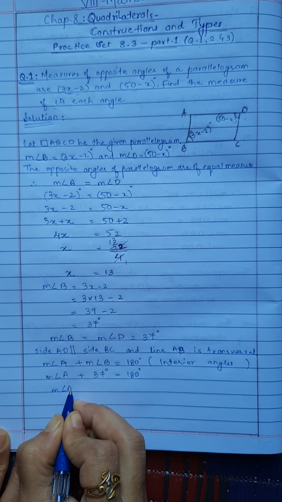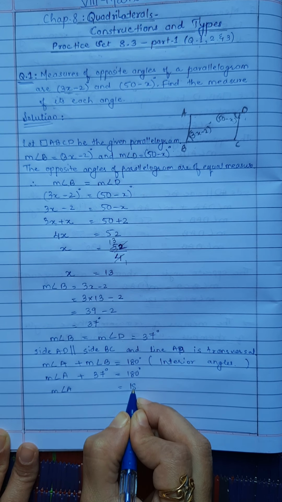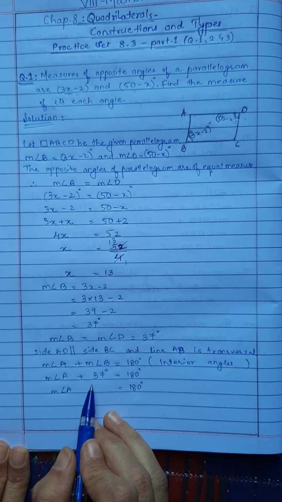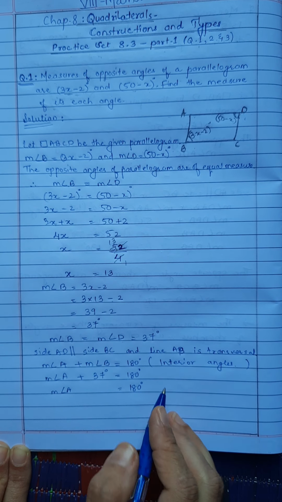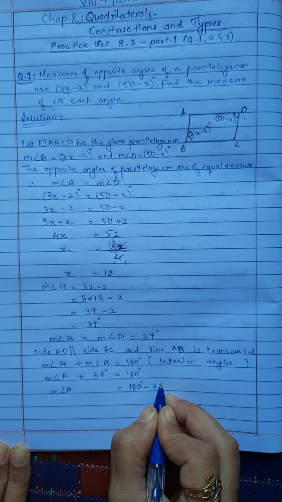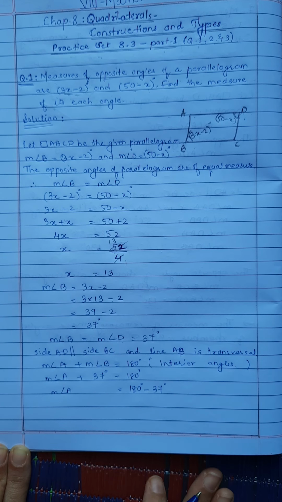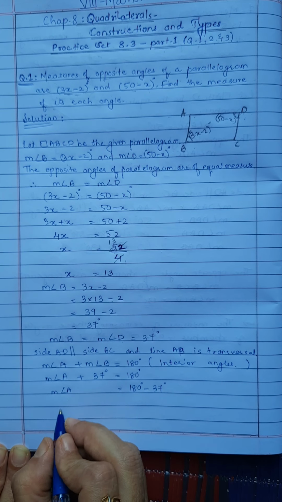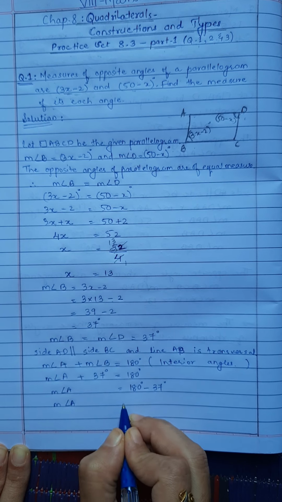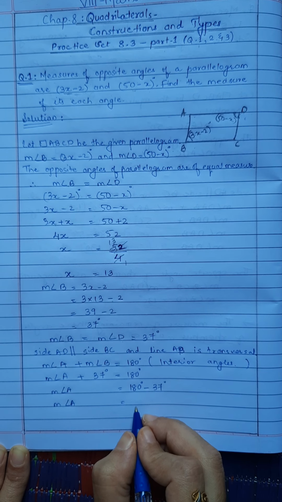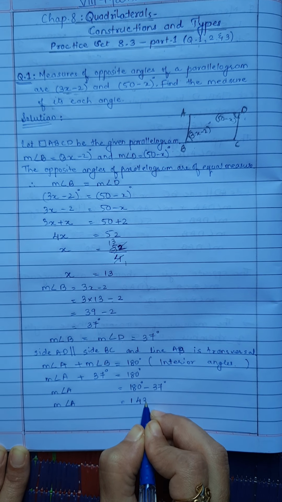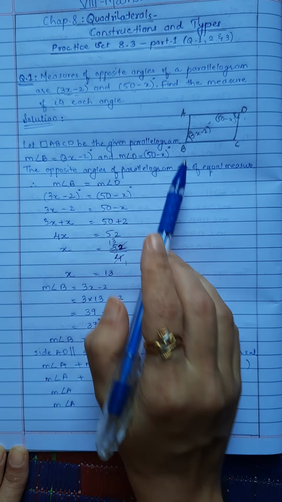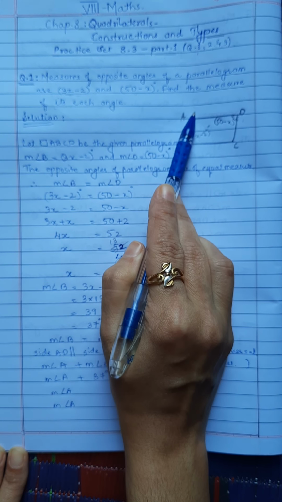Keep this 180 as it is. Bring this plus 37 to the opposite side as minus 37 degree. Now 180 minus 37. So measure of angle A will be, deduct this, it will be 143 degree. So measure of angle A you got as 143 degree.